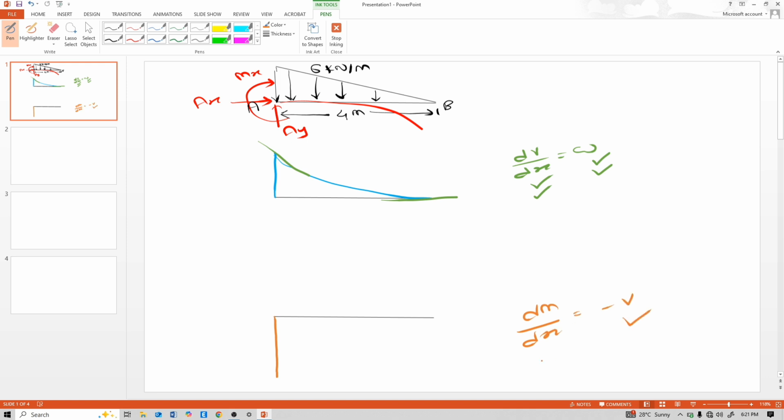That means if v is maximum, slope is maximum. V is maximum here, so slope is also maximum there. So that's why this is like this. And at the tip of B, shear is 0, so here also moment slope is 0. See this, moment slope is 0 here, and here moment slope is maximum.